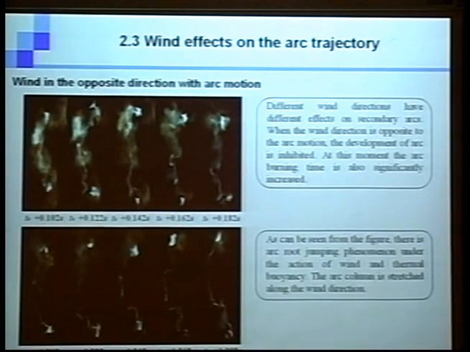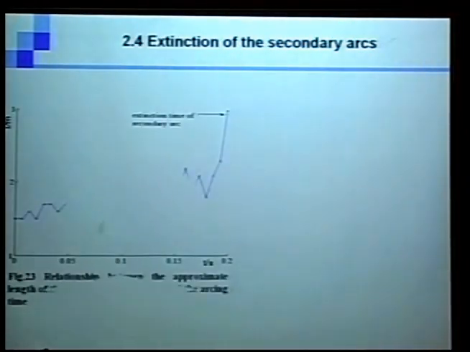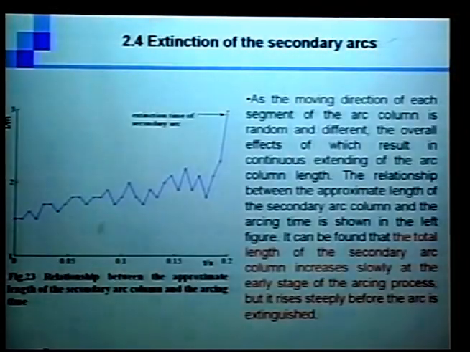As can be seen from the figure, there is an arc root jumping phenomenon, as we have found, under the action of wind and the thermal buoyancy. The arc column is stretched along the wind direction. And here the figure gives you the relationship between the length of the second arc column and the arcing time.